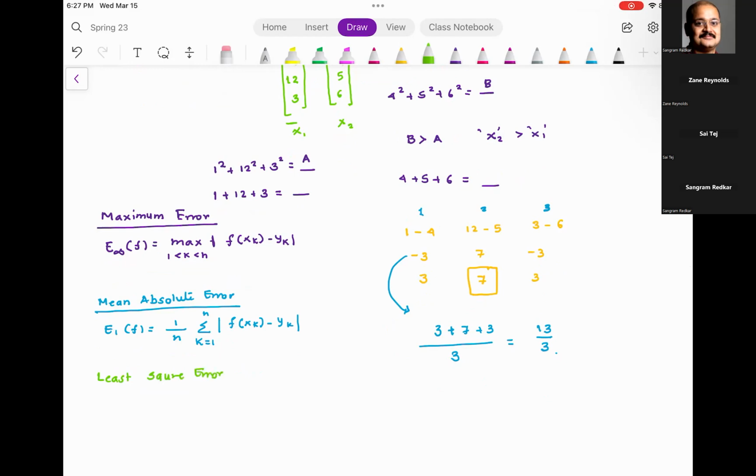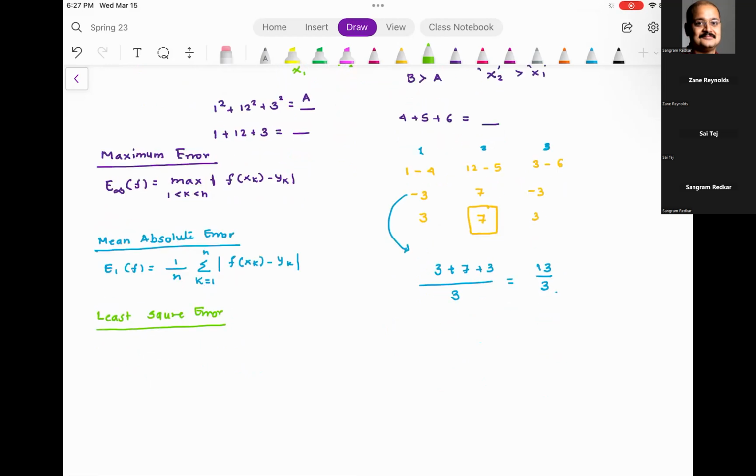This least square error is called the E2 norm, which is 1 divided by n, summation k equals 1 to n, of f of xk minus yk squared, under a square root.